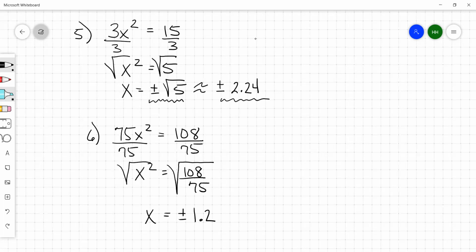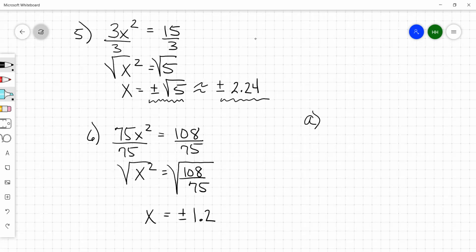Now, your quiz is going to be multiple choice. And simplifying this radical 108 over 75 is a little bit of a lengthy process. So if your answers happen to be in radical form, you know what I mean by radical form?